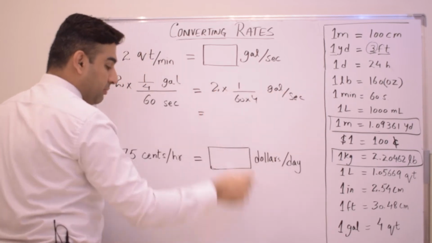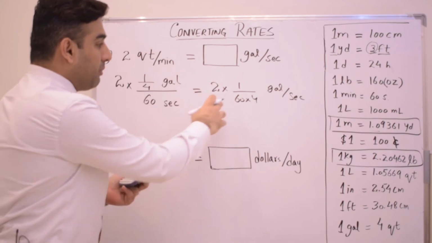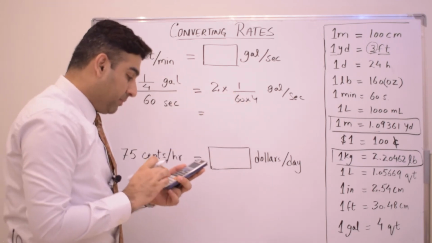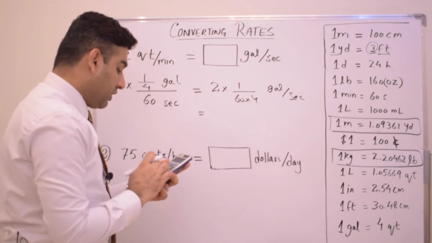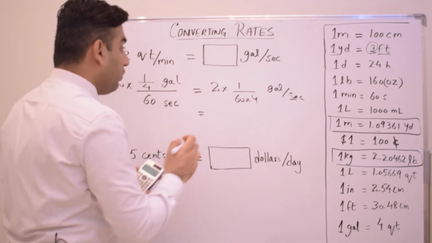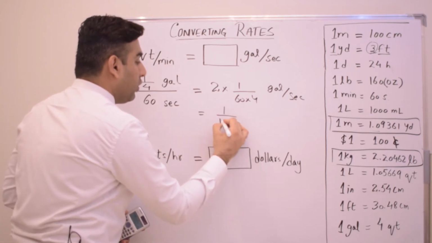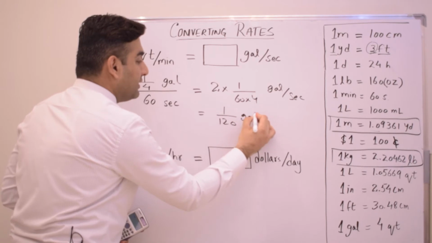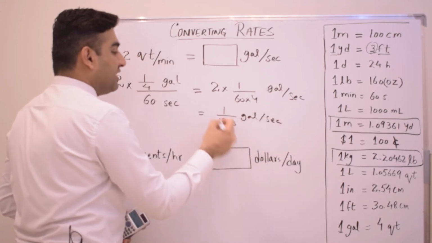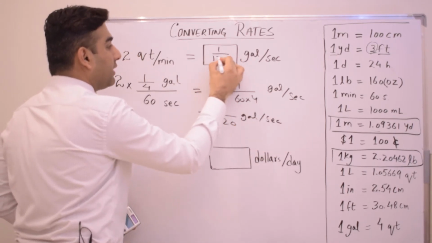So guys, we just simplify it, 2 divided by 240. So the answer will come 1 over 120 gallons per second. So guys, this answer will go in the blank.